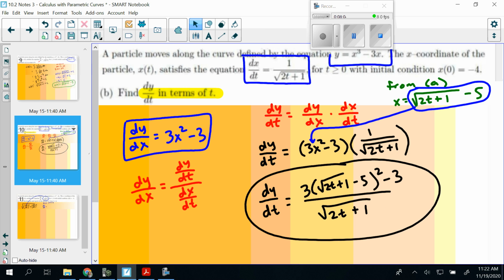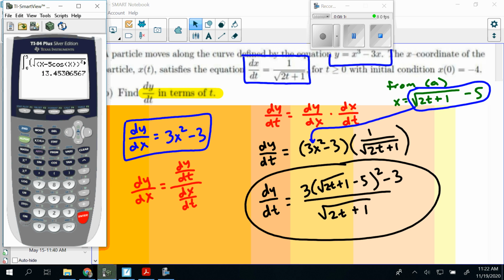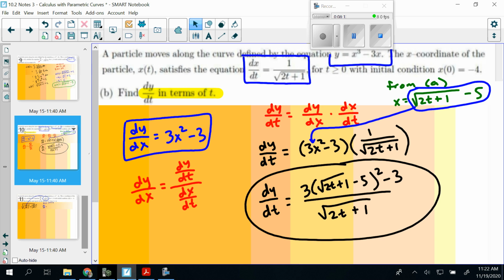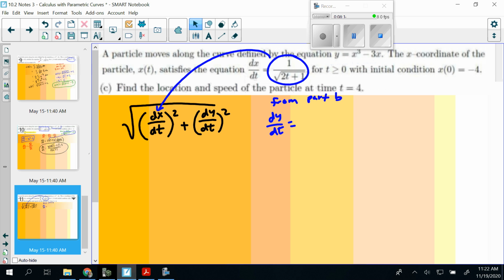So it would be that whole equation there. So what you want to do is type this into the calculator to get the answer. So we know this from part B here. So in the calculator now, type all that in and find that out. I'm going to pause it here and type that in so we're not wasting time.